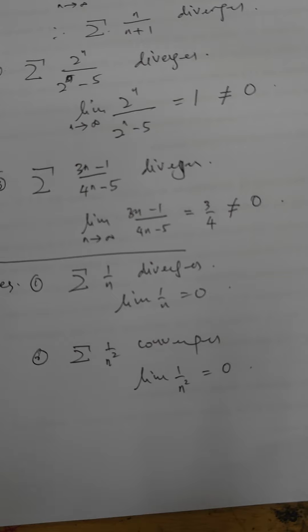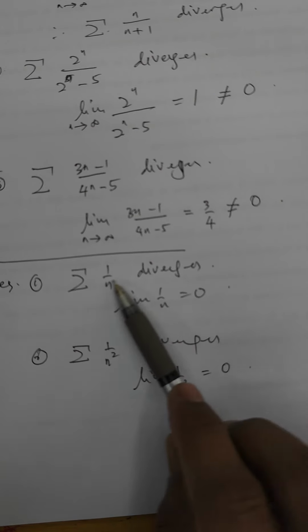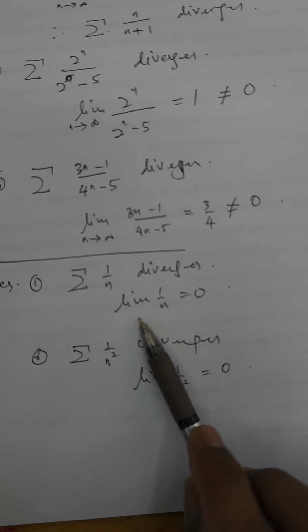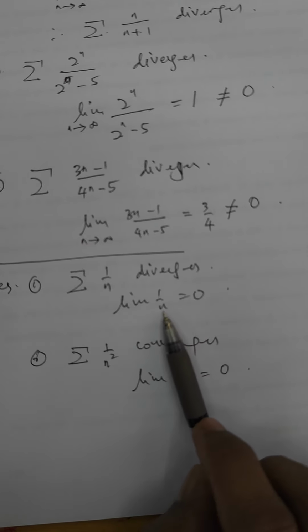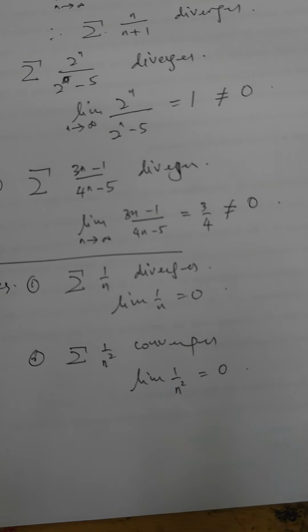So we cannot use the limit of un being equal to 0 to make a conclusion. Cannot.